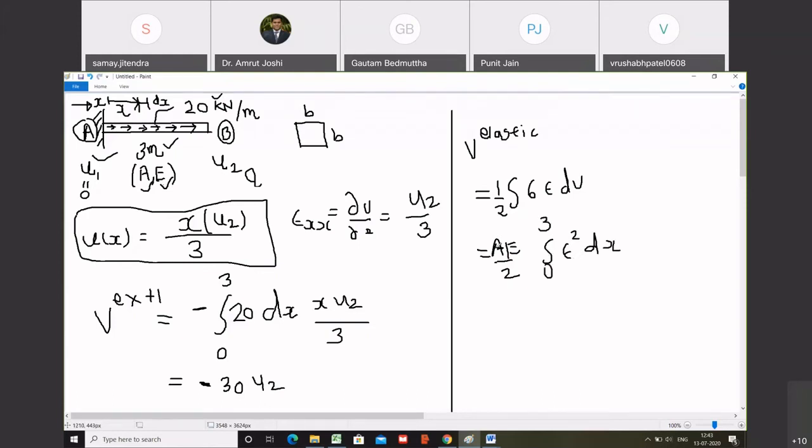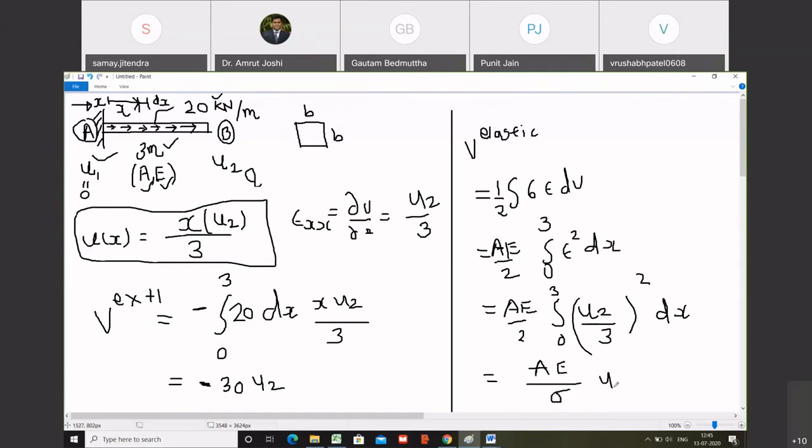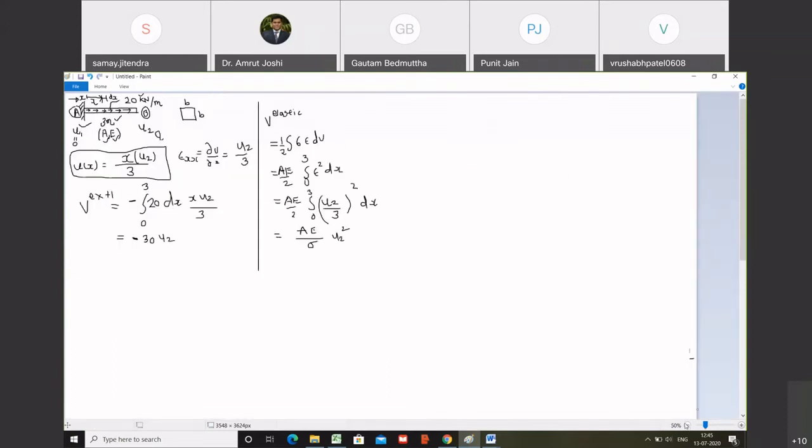So this is AE by 2 into the integration from 0 to 3 of (u2 by 3) whole square dx, which is going to be AE by 6 into u2 square. Am I right?